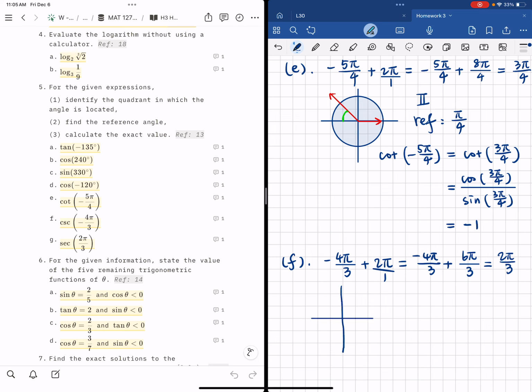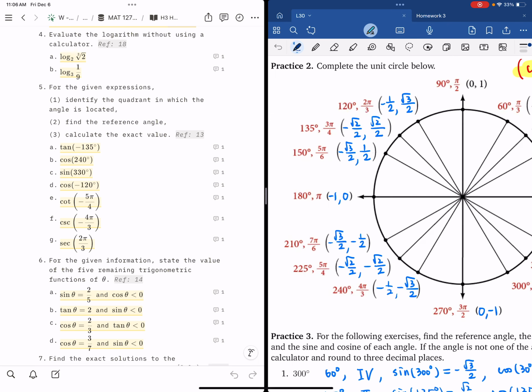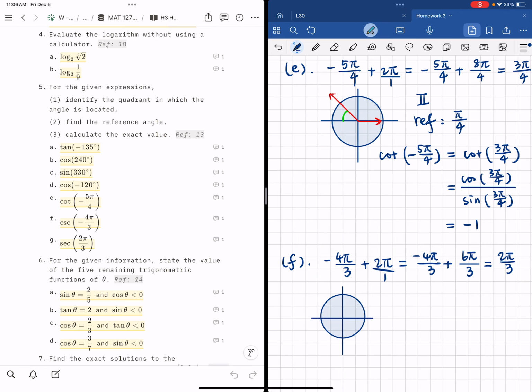And you can look at your unit circle and see where it is. So 2 pi over 3 is also in the second quadrant. It's 120 degrees. Let's graph this. Okay.